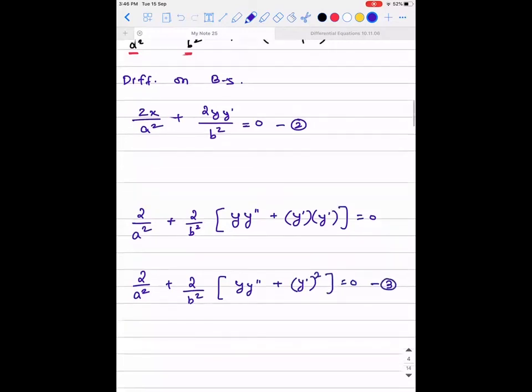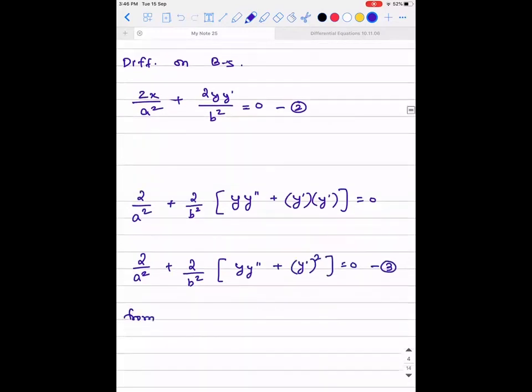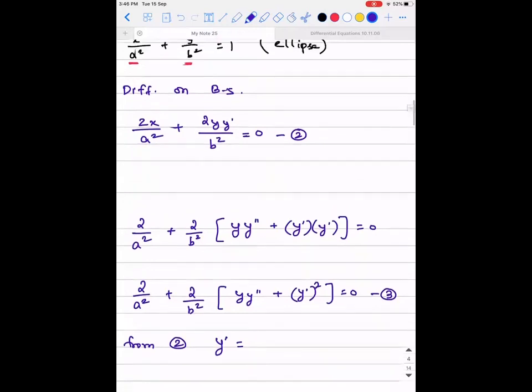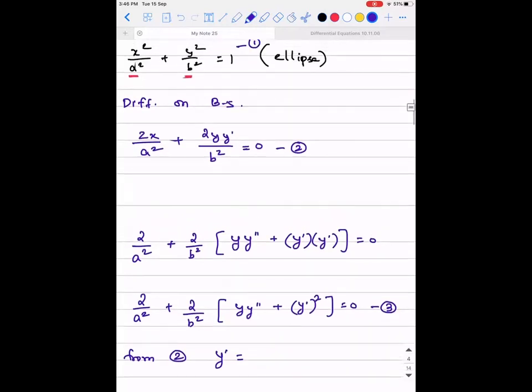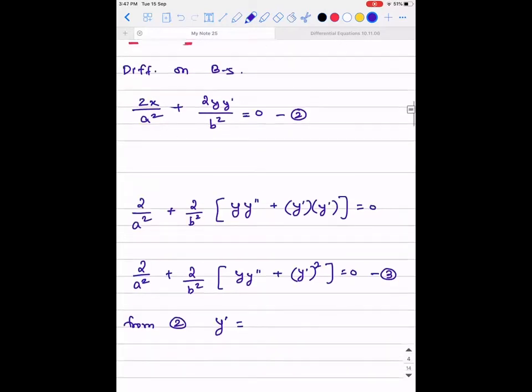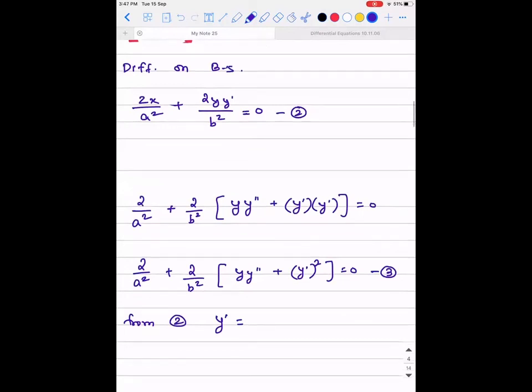So what we need to do here is, from 2, I'll tell you a simpler method. The reason we are differentiating twice is because we need to eliminate the arbitrary constants. That is our whole objective.